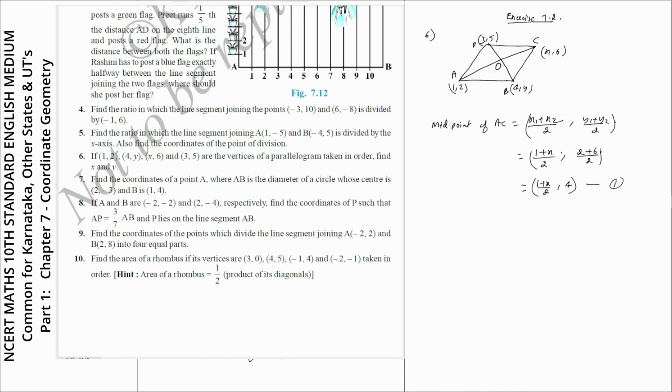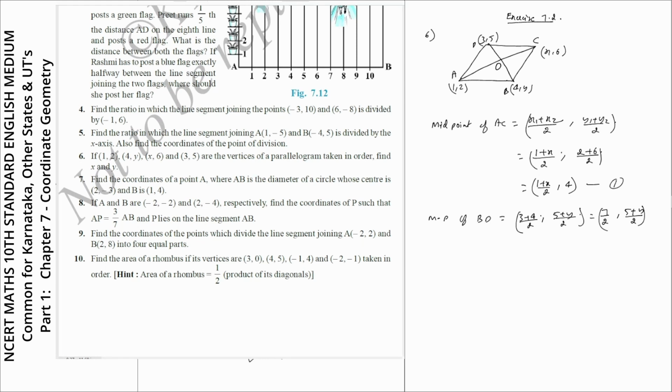Now also the midpoint of BD is again x1 plus x2, that is 3 plus 4 by 2, and 5 plus y by 2. So this is equal to 3 plus 4 is 7, 7 by 2, and y plus 5 by 2.